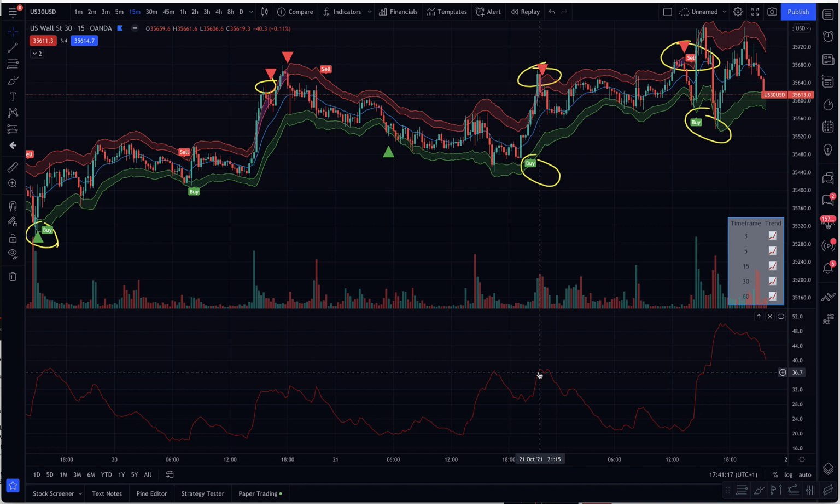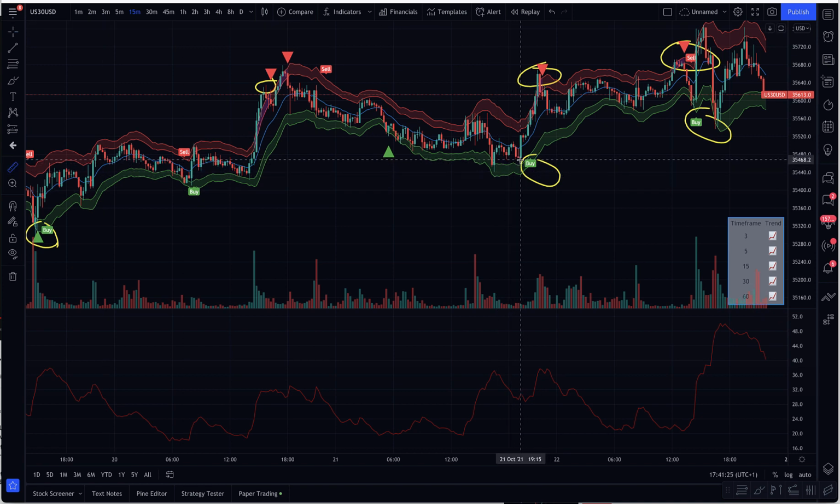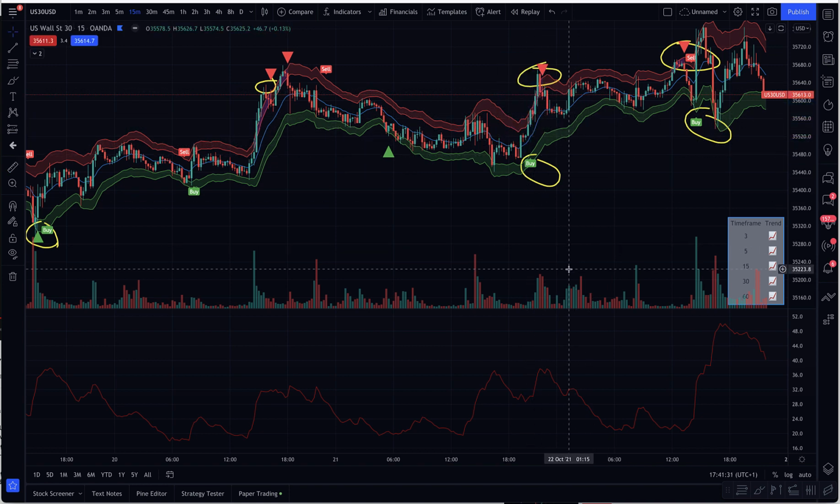So in this case, like in here, we're talking about 37 points, okay? So you know that if we have a buy signal, the minimum you'd be looking for, or maybe the maximum, it's up to you how risky you are, is 37 points. In this case, it was much more than that, so you could have taken a risk. Yeah, so it's a free indicator, it's called ATR.